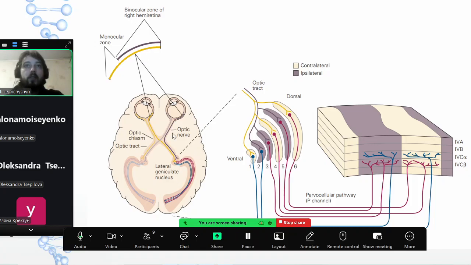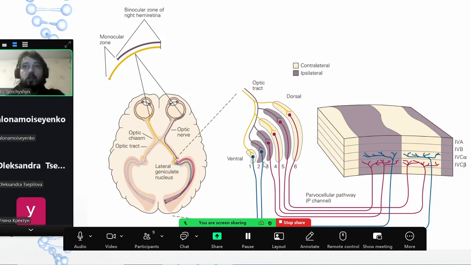You see that information comes from both eyes, but that's information corresponding to, in this case, I guess, the left field of view. So here it is. Here you see how this information gets into the LGN, and you might notice that different layers of the LGN get information from their respective eyes.